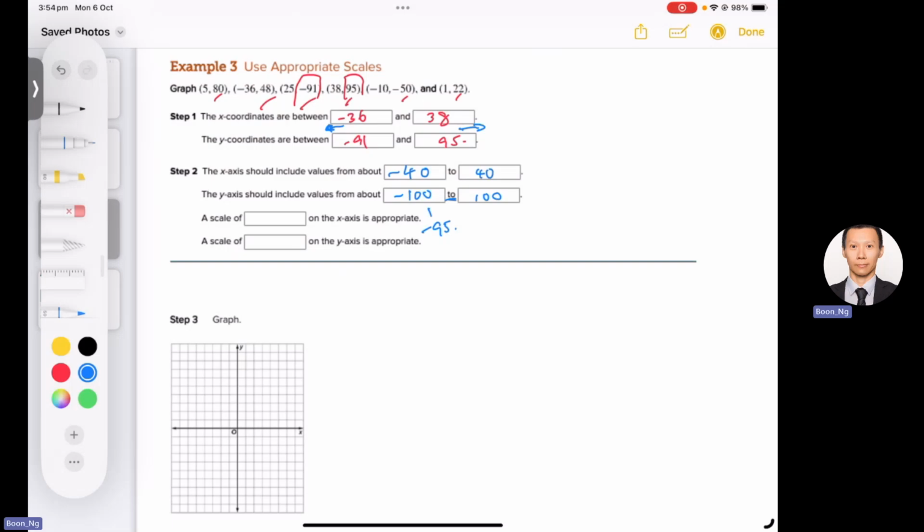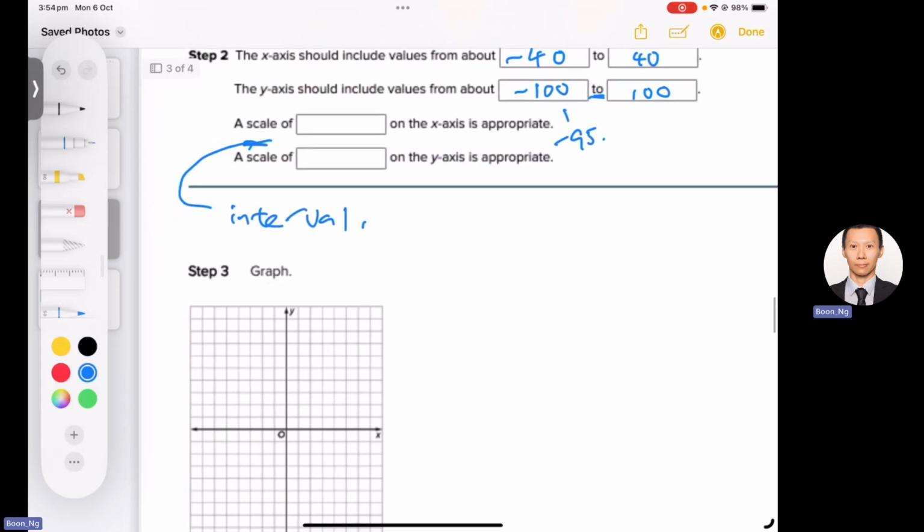All right. A scale, we don't normally use scale. I typically will use interval. So it means that when you try to make a plot of a graph, you have 1, 2, 3, 4, 5, 6, 7, and 1, 2, 3, 4, 5, 6, 7.